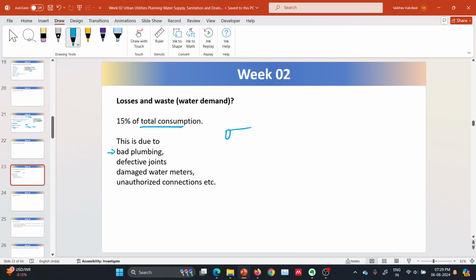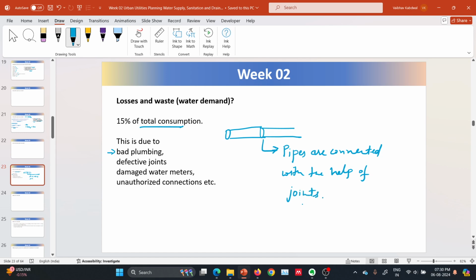If you have studied hydraulics or fluid mechanics, pipes have joints. Pipes are connected with the help of joints, and in joints there is always a leakage.